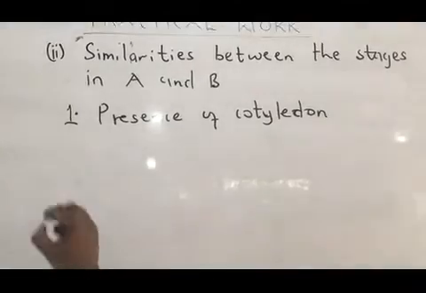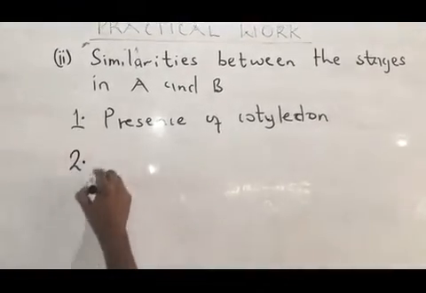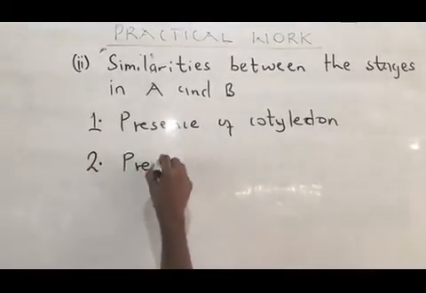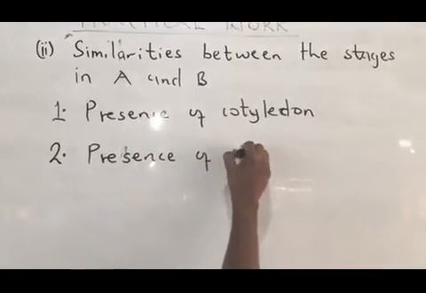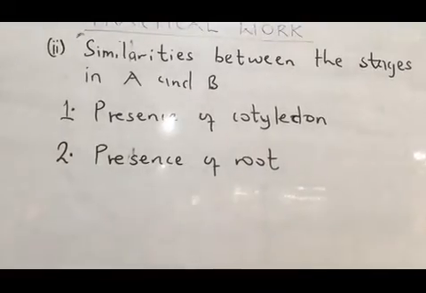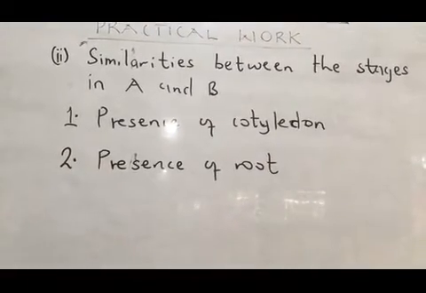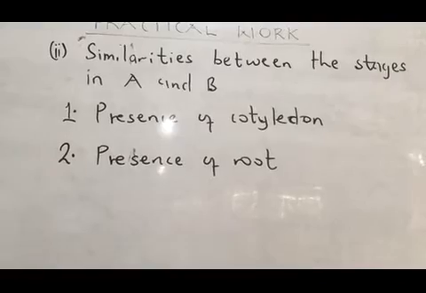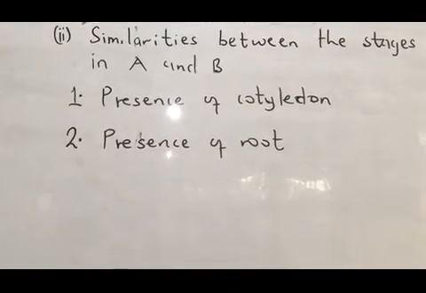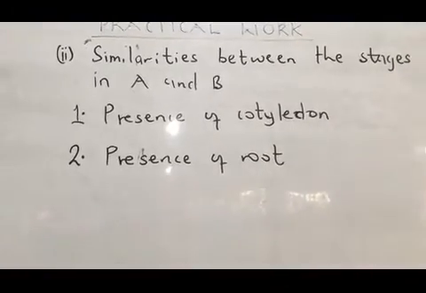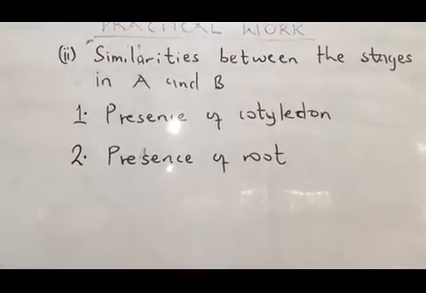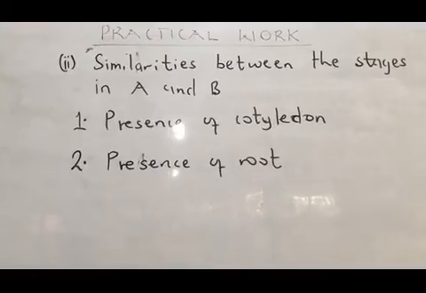So presence of cotyledon and the presence of roots. So presence of root, presence of cotyledon. If you look at the last stage in B, above the coleoptile, we have the foliage leaf.